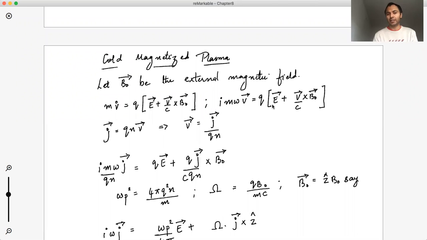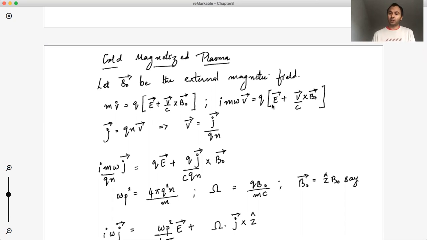If your dispersion relationship is just omega equal to omega p, where omega p is the plasma frequency, there's no k in that term, there's no wave vector, so you don't really have a real wave which is propagating. The intuition you should have is, if you create a displacement in the plasma, it just oscillates in place where you created the displacement. It's not propagating as a wave.